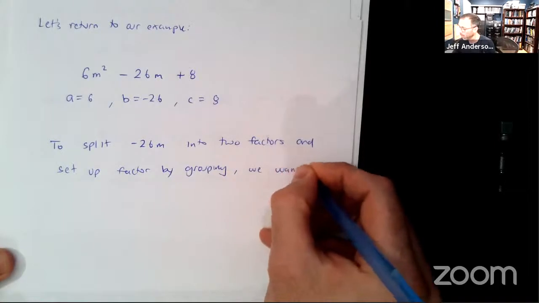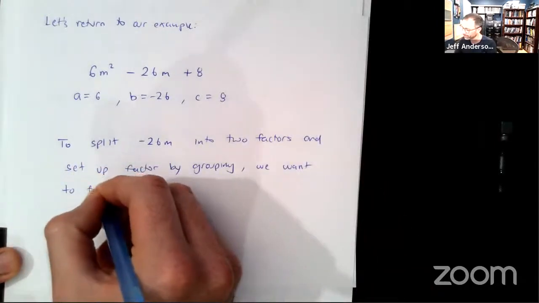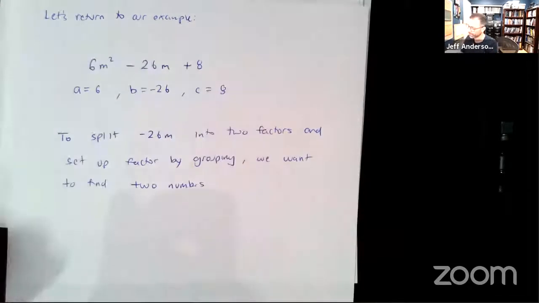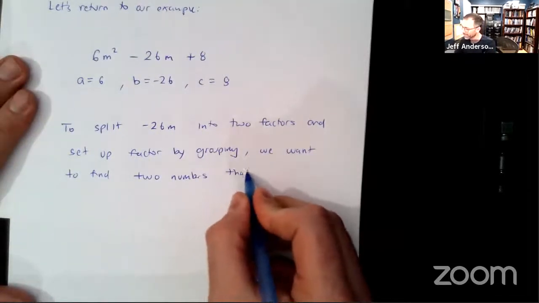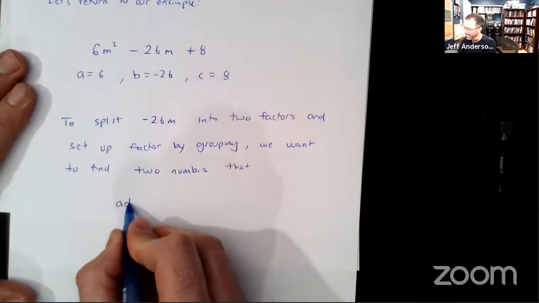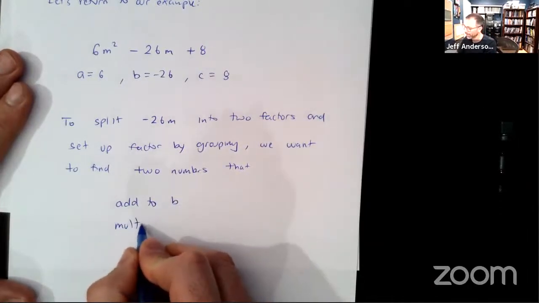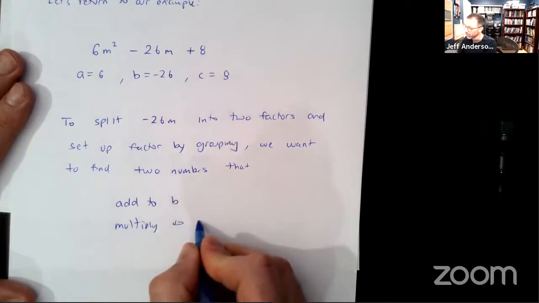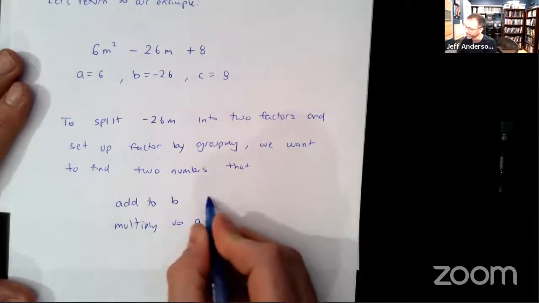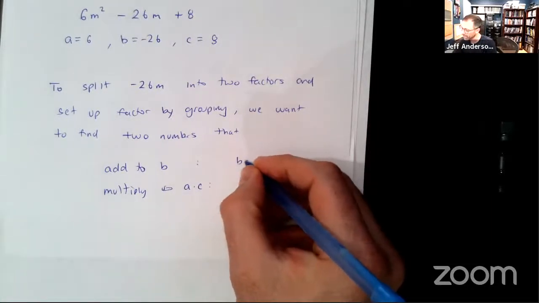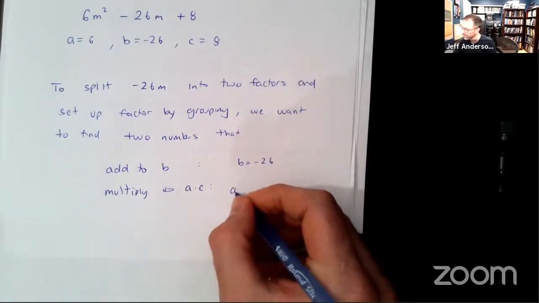We want to find two numbers that add to B and multiply to A times C. Okay, well, what was B? B equals negative 26. What was C?